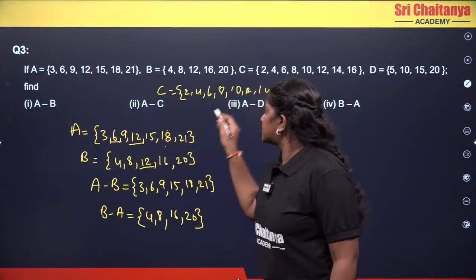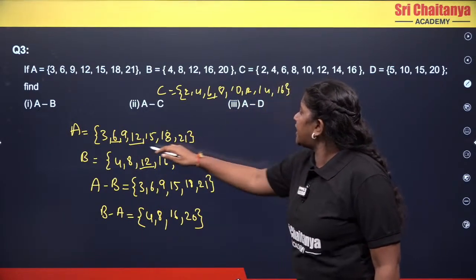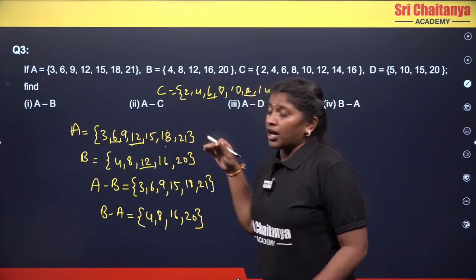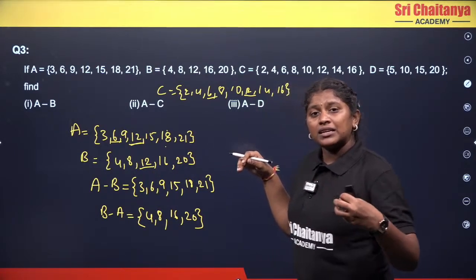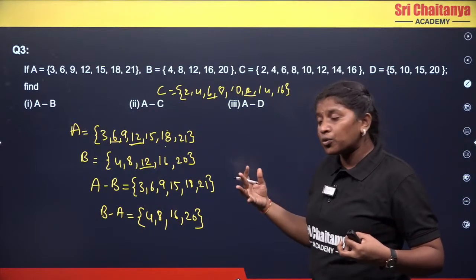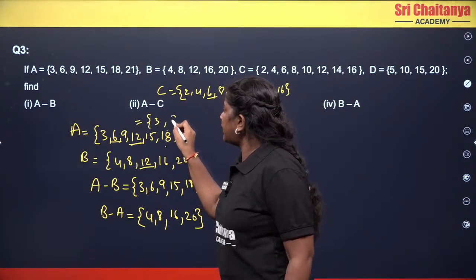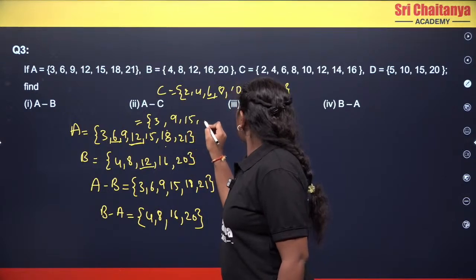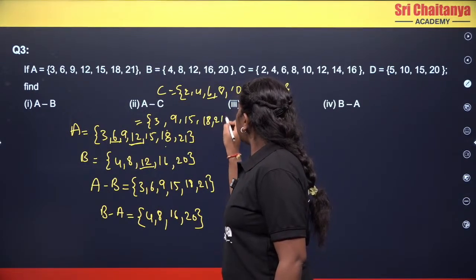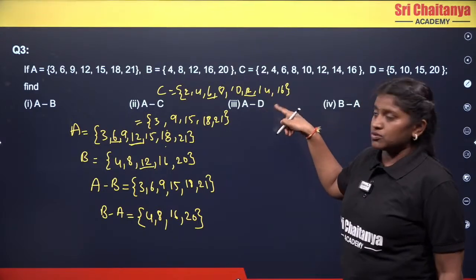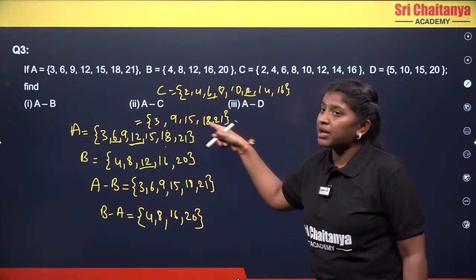We are having 6, and next we are having 12. Right. So now we have to write whatever elements we are having in A by ignoring the common elements. So that becomes the set of 3, 9, 15, 18 and 21. See, in our set C, we are not having 18, so we can consider that in our A minus C.